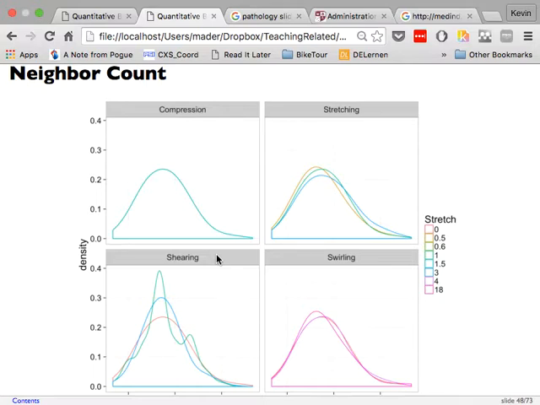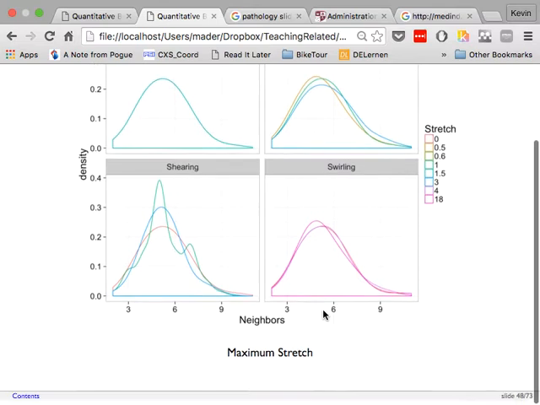For stretching, you see that this neighborhood sort of shifts back and forth a little bit. That's where you're non-linearly stretching, moving things closer to the edge or closer to the center. For shearing, you start to get more peaks as you apply a stronger shearing to the system. And swirling, you see some differences, but it's pretty hard to tell.